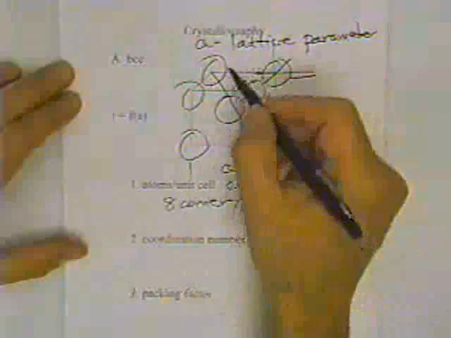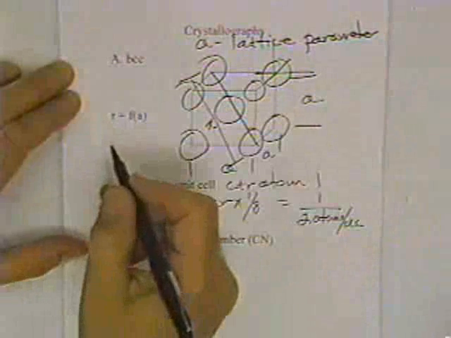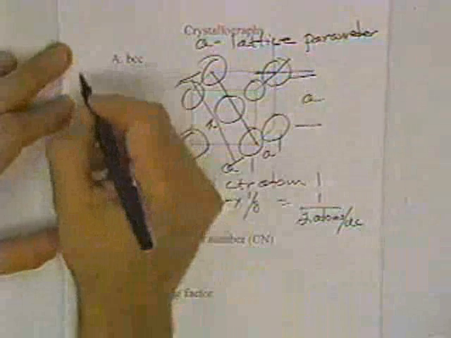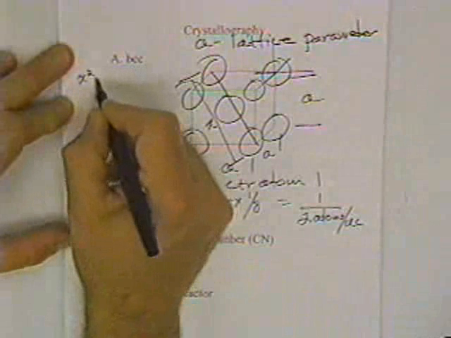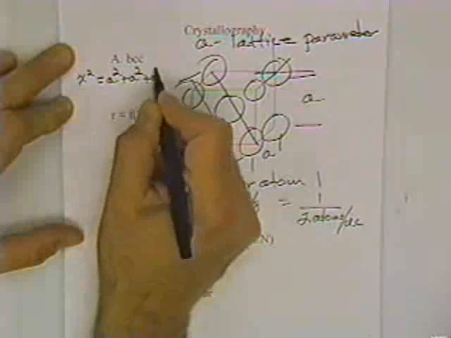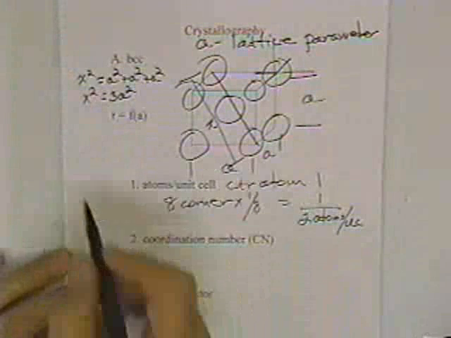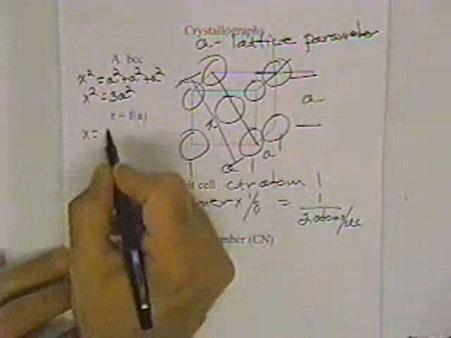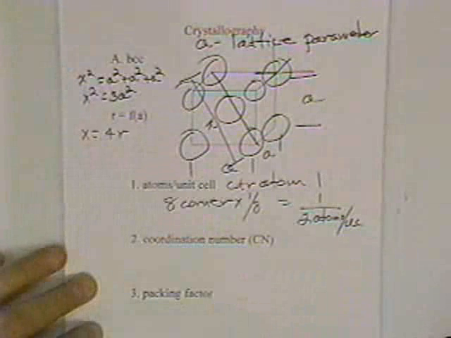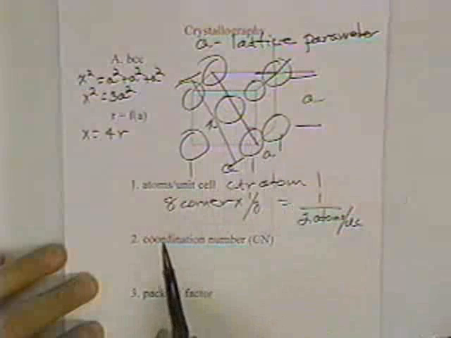Well, this is the way we could do this. We will call this distance x, and we know from Pythagorean's theorem that x squared is equal to a squared plus a squared plus a squared, so that x squared is equal to 3a squared. Now x is equal to 4 times the radius of the atoms. 1, 2, 3, 4.